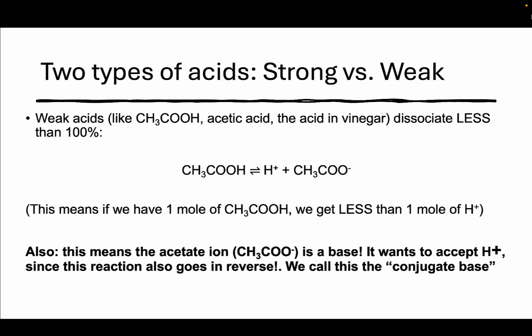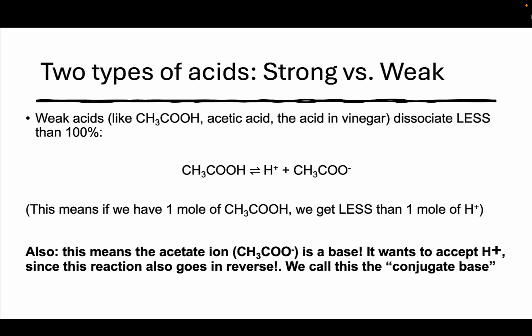If we are to write out this example, we do have the H+ dissociating, but it's an equilibrium reaction where it's incomplete dissociation. It sets up at some percentage less than 100%. If we have 1 mole of acetic acid, CH3COOH, we get less than 1 mole of H+, because it's a weak acid. It doesn't dissociate completely.